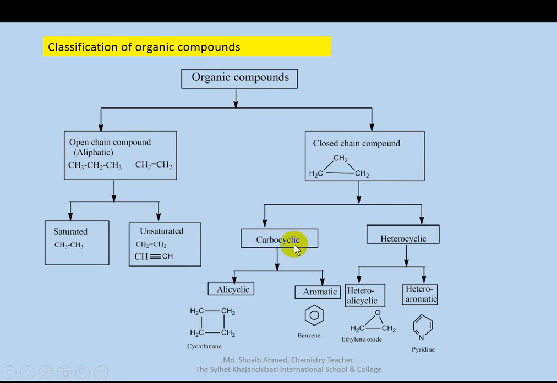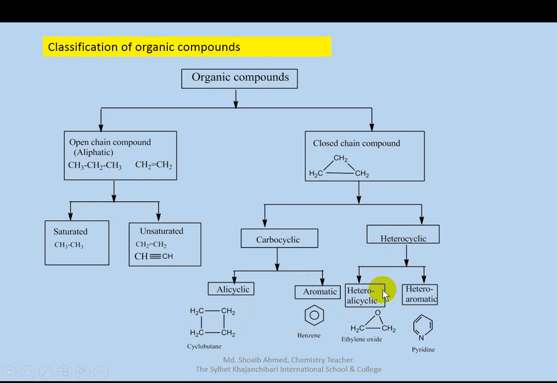Heterocyclic contains carbon with other elements, also in a ring. Carbocyclic compounds are alicyclic or aromatic. Alicyclic compounds contain a ring but not a benzene ring or aromatic ring. Aromatic compounds contain aromatic rings, like benzene. Benzene derivatives are aromatic compounds.